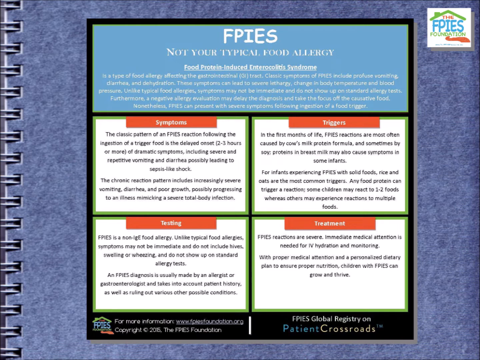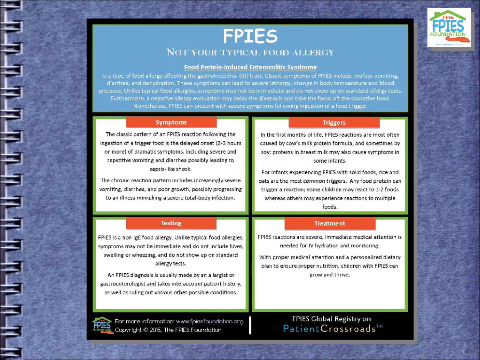But it is important to note that, with proper medical attention and a personalized dietary plan to ensure proper nutrition, children with FPIES really can grow and thrive. You wouldn't be able to necessarily pick out a kid from the classroom who had FPIES just by first glance. Many children see a dietitian to ensure that their nutrition needs are met, and they look at things like supplementing the diet.